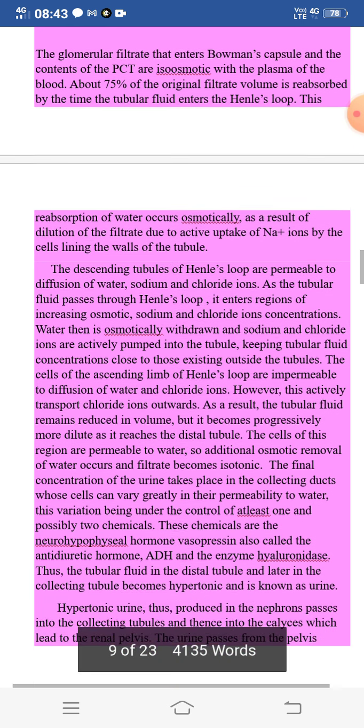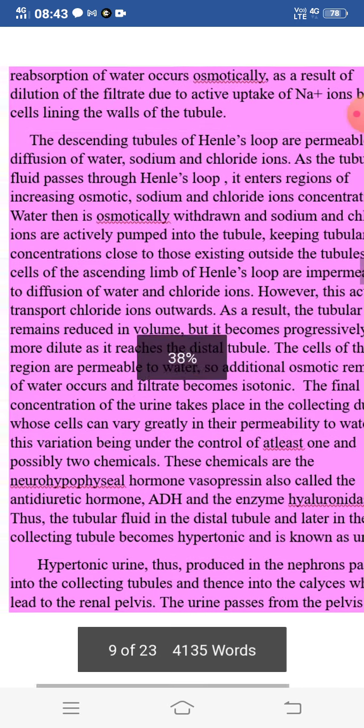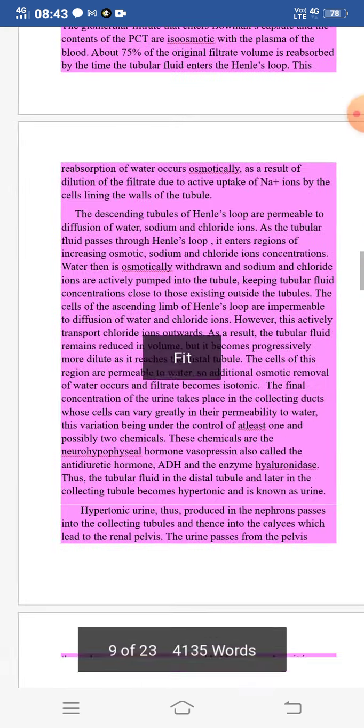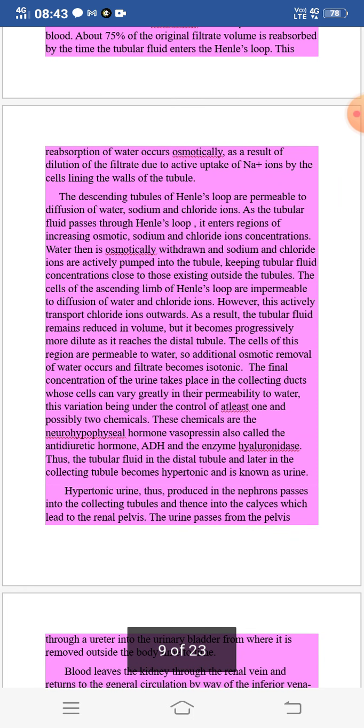This reabsorption of water occurs osmotically as a result of dilution of the filtrate due to the active uptake of sodium ions by the cells lining the walls of the tubule. The descending tubules of the Henle's loop are permeable to the diffusion of water, sodium ions and chloride ions. As the tubular fluid passes through the Henle's loop, it enters regions of increasing osmotic sodium ion and chloride ion concentration, and due to this the urine is made hypotonic in nature in the Henle's loop.